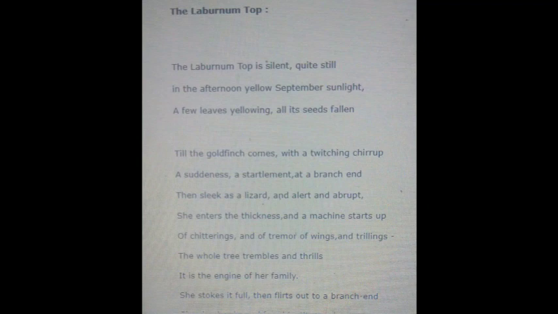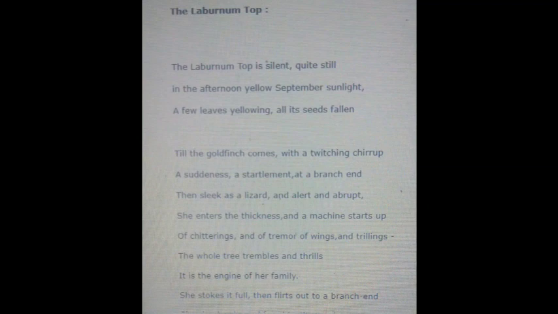Sleek means smooth. As you must have seen a lizard on the wall, whenever any mosquito comes there, and till then, when no mosquito is there, she is like a dead lizard. But when she watches a mosquito, then she attacks, and it is a very fast movement.